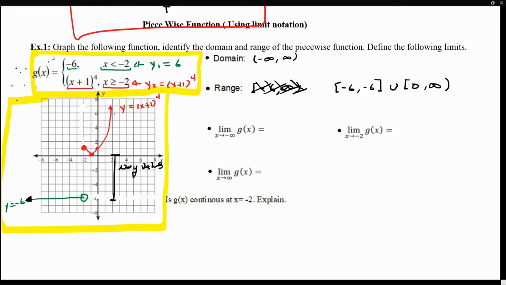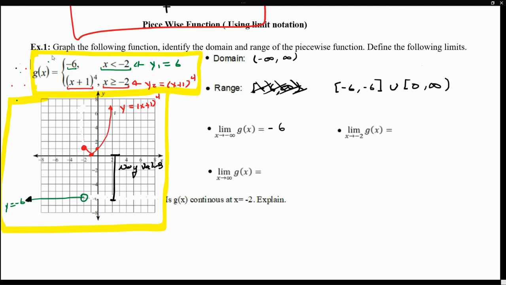So therefore, the limit of g of x, where g of x is a piecewise function, as x is going to negative infinity, is equivalent to -6. Because as I'm getting farther to the left, I'm still going to be on this function, so I'm still going to be on the value -6.